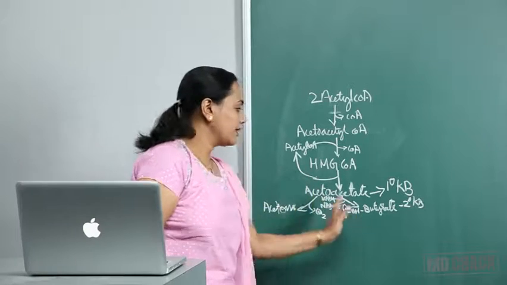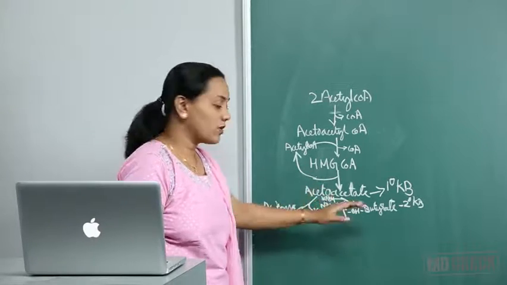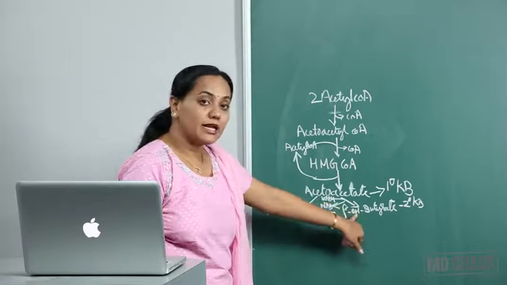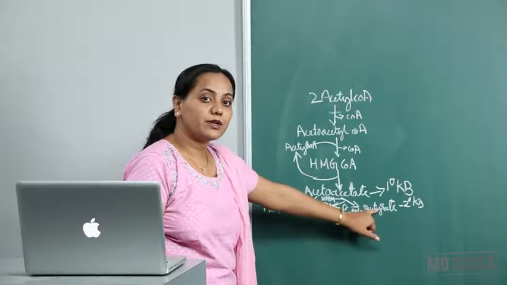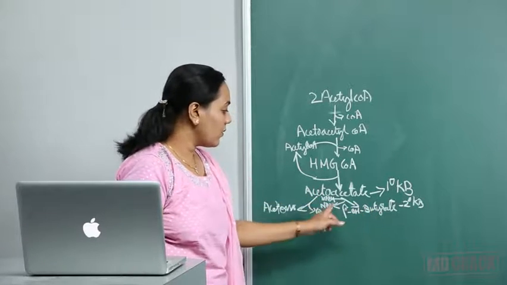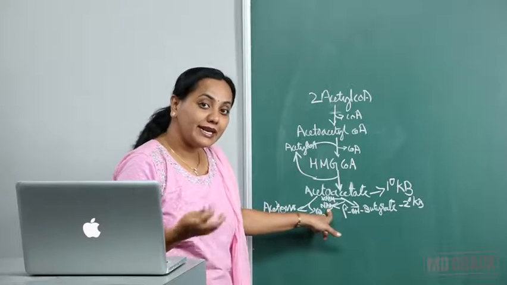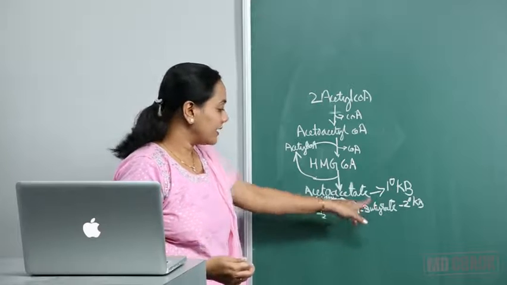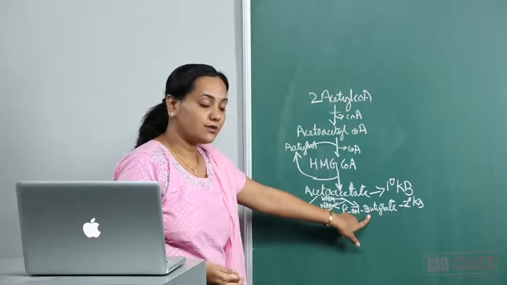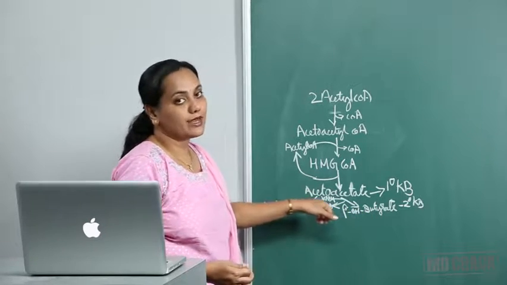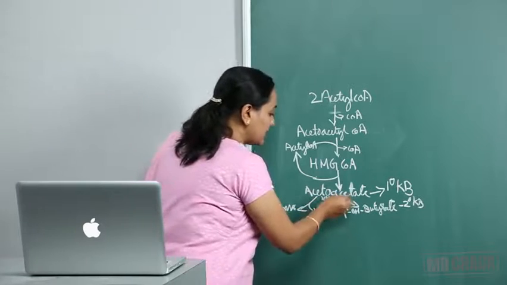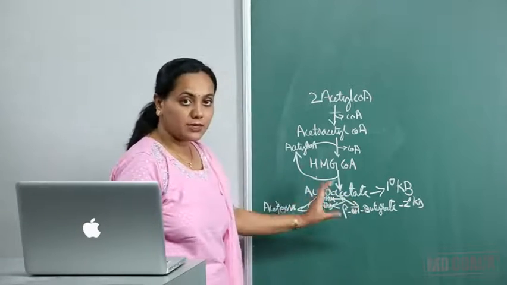You have to just look at this reaction to find out which one is more. The enzyme is beta-hydroxybutyrate dehydrogenase. Dehydrogenase means NAD+ has to get hydrogen, so it gets converted to NADH. This is the meaning of a reversible reaction.